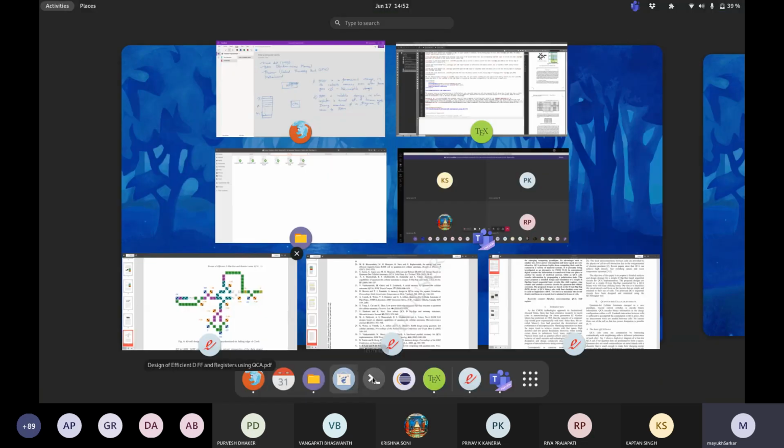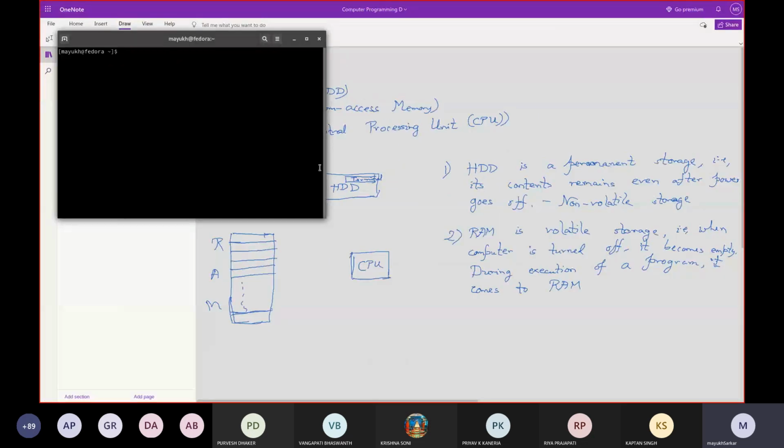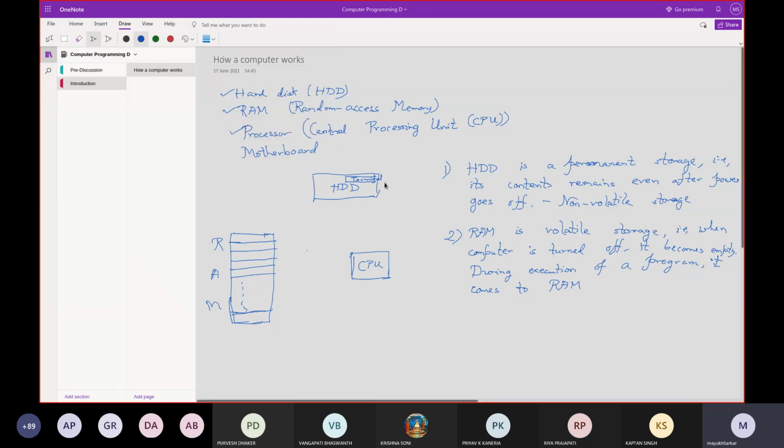Now as soon as I click on this, a terminal opens. What happens is that it came from hard disk to the RAM. Okay, and then it starts executing.